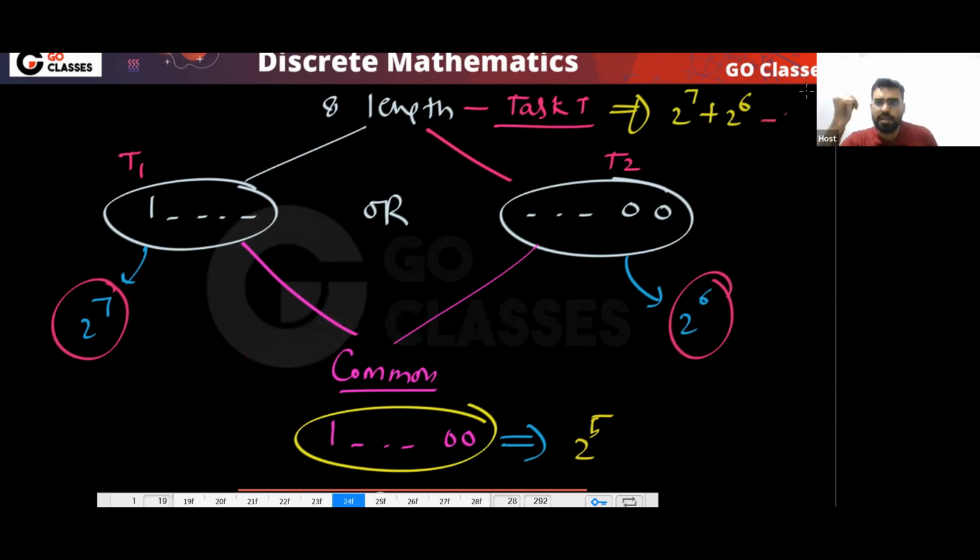So that will be 2 power 7 plus 2 power 6 minus 2 power 5. So your answer will be 128 plus 64 minus 32, that will be 128 plus 32, which is 160, I guess.